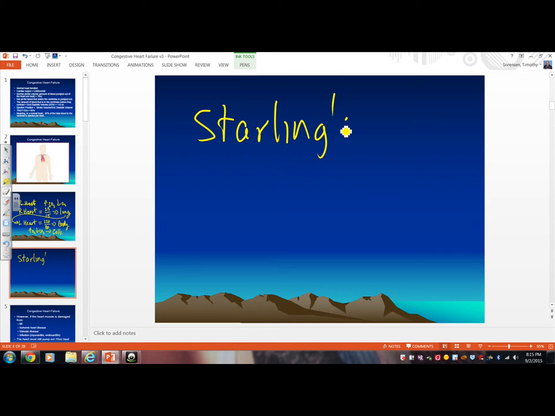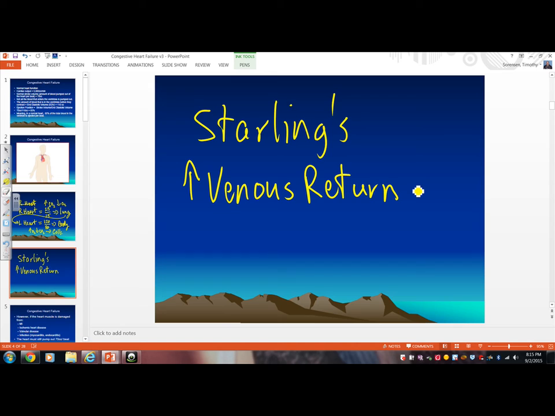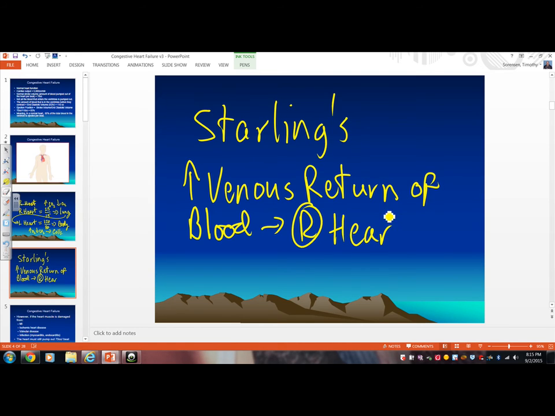And Starling's almost simplified. Starling's law states that if you increase venous return of blood to the right heart, you stretch that heart.